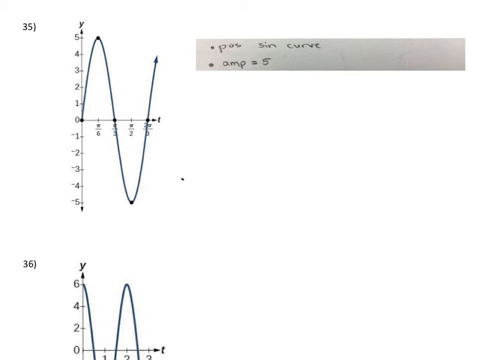So we know that the frequency is equal to 2 pi over the period. So the period, let's see, the period is how long it takes to complete one cycle. So this is one cycle, and this is at 2 pi over 3. So the period is 2 pi over 3.